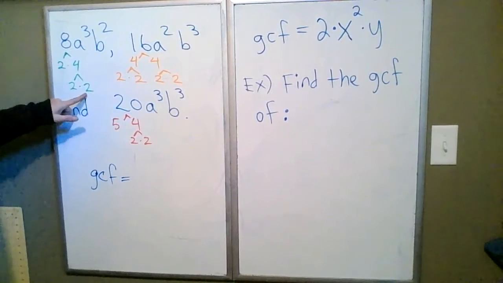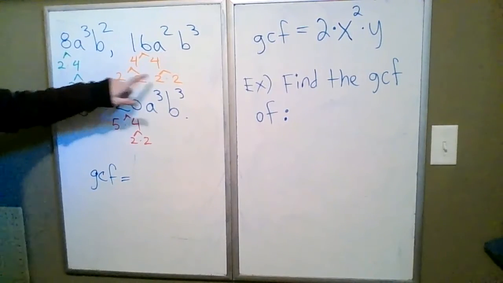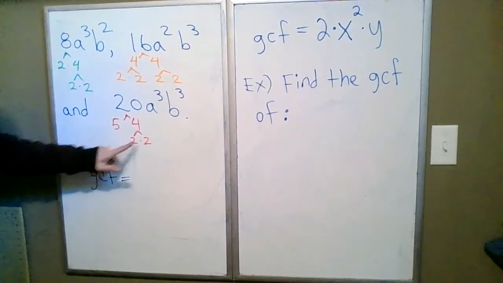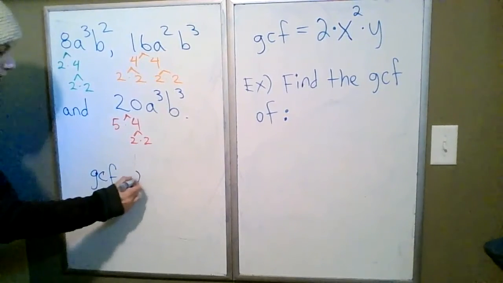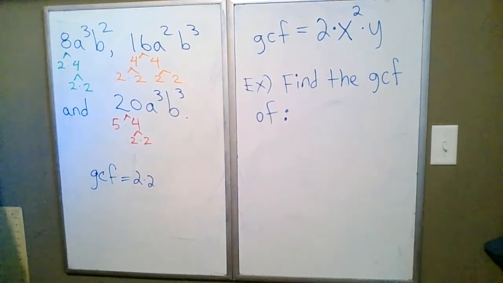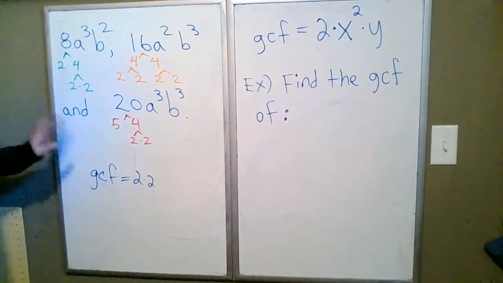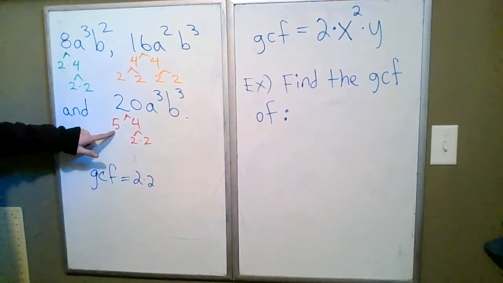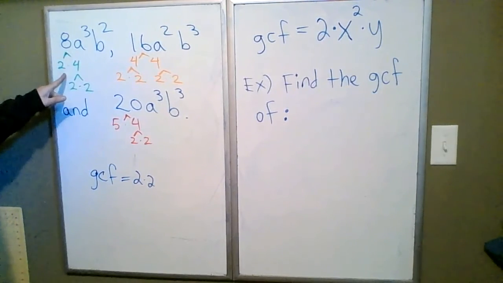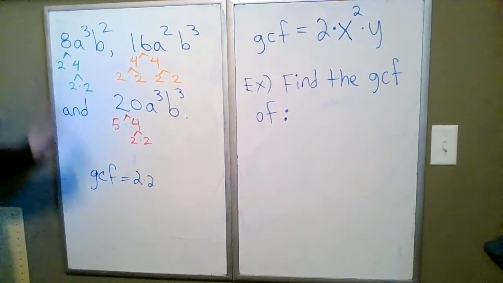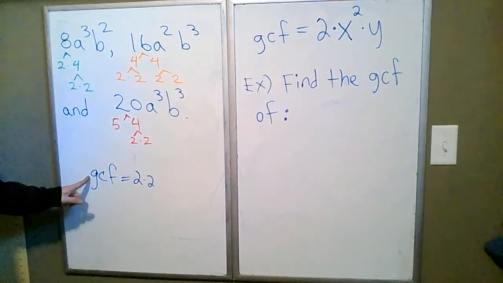This one has 3 2's, there's 4 2's, there's 2 2's. So you want to use just 2 2's. Even though there's a factor of 5 in this term, there aren't any 5s here or here. So 5 is not common to the other terms. So it's not going to be part of the greatest common factor.